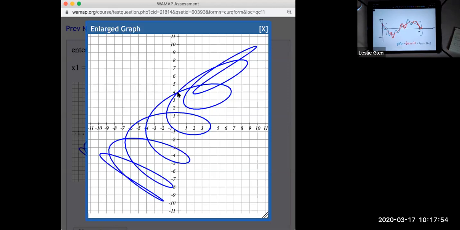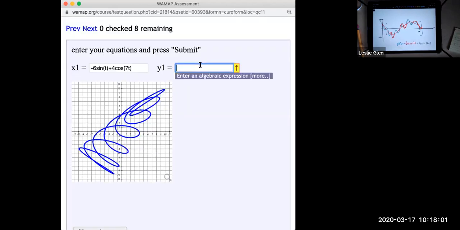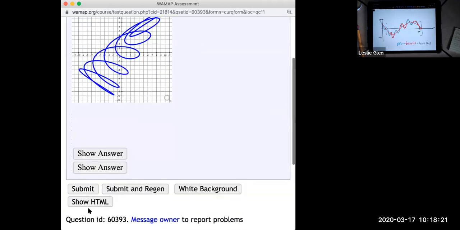Okay. So that to me looks an awful lot like an equation for y. So let's try that. I've ended up with -6 sine of t again plus 4 sine of 6t instead of, it's 7t here, we only have 6t here. And that's one of the things that makes it asymmetric. Okay, so let's go ahead and try that.